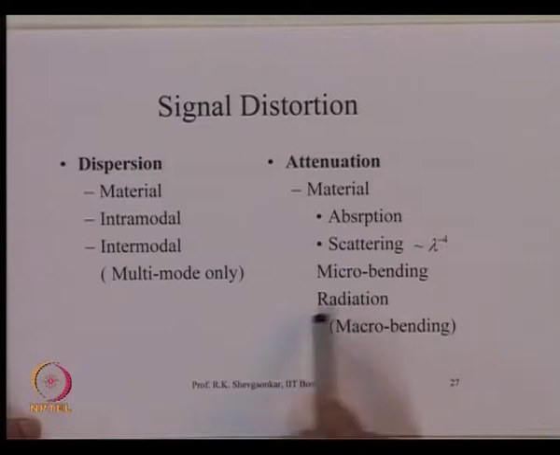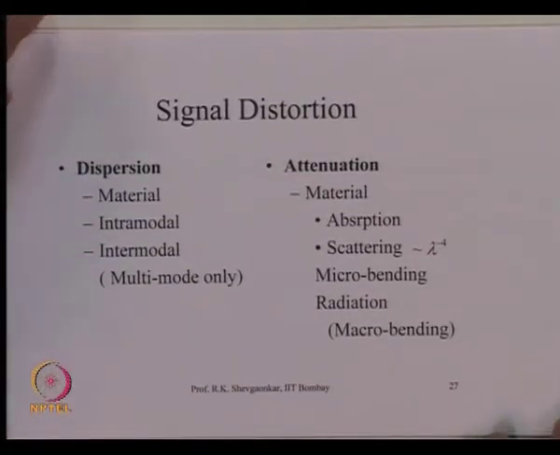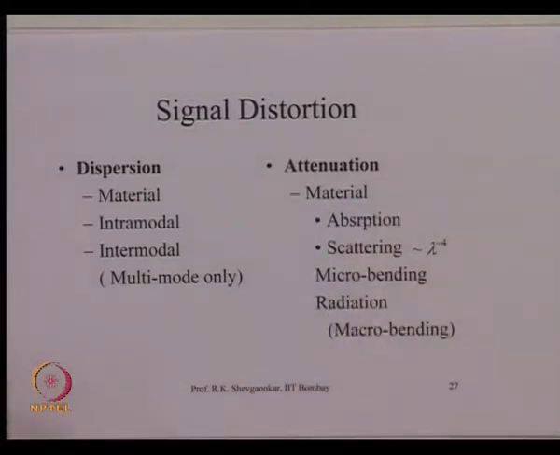Further, if the fiber is laid in the form of large arcs, then we call that the macro bending, or that loss is what is called the radiation loss. So, when the signal travels on the optical fiber, essentially it gets attenuated because of the loss which takes place over here, and because of what is called dispersion.